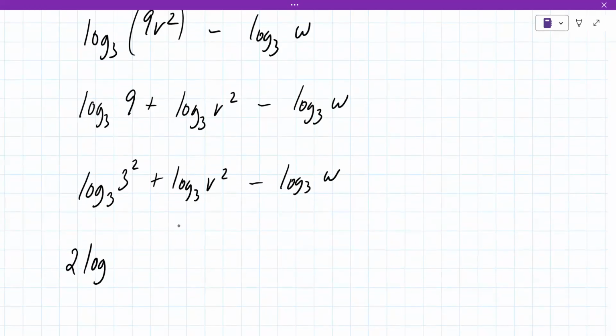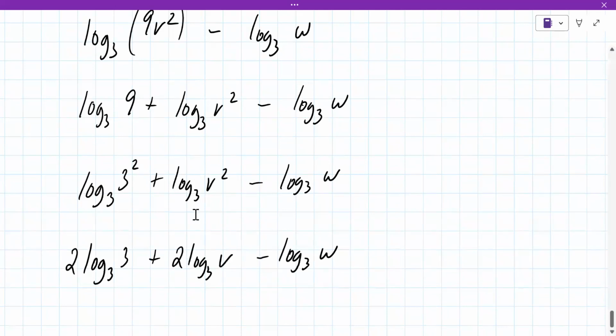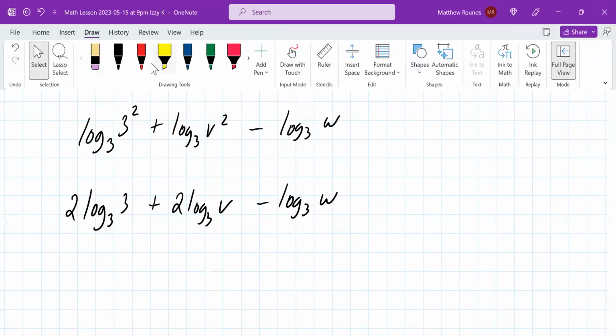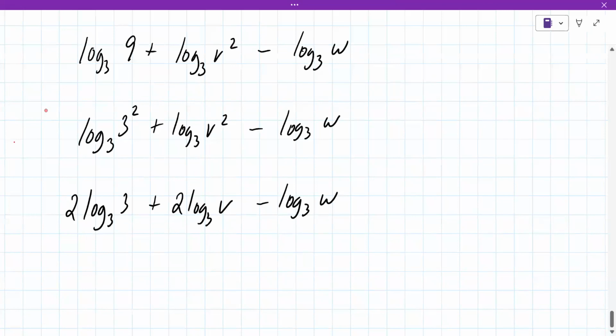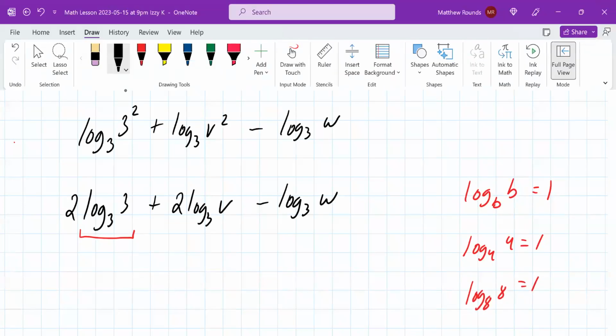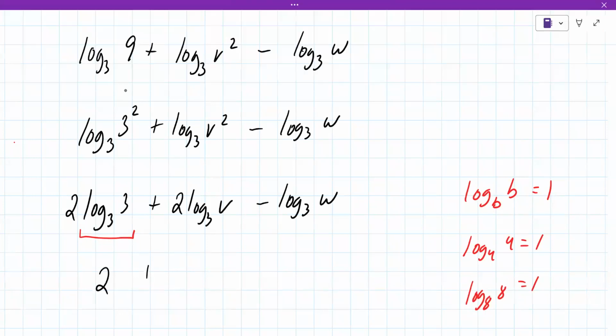So it's 2 log base 3 of 3 plus 2 log base 3 of v minus log base 3 of w. Log base b of b, whenever they're the same, it's always 1. So it's like log base 4 of 4, that's 1, or log base 8 of 8, it's 1. So log base 3 of 3 is 1. 2 times 1 is 2. And you just bring the other stuff down.